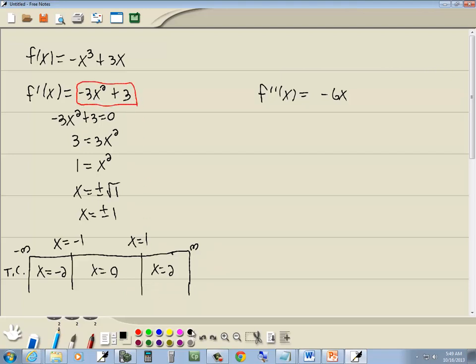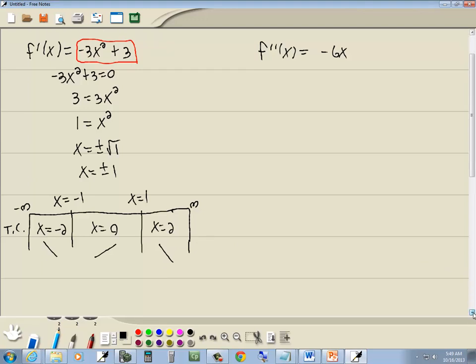You could use a calculator to do this, but I'll just talk it through. All we care about is the sign. If I put negative 2 in here, negative 2 squared is 4, times negative 3 is negative 12, plus 3 is negative, so this is decreasing. If I put 0 in there, 0 squared is 0, times negative 3 is 0, plus 3 is positive, so it's increasing. And if I put 2 in for x, 2 squared is 4, times negative 3 is negative 12, plus 3 is negative, so it's decreasing.